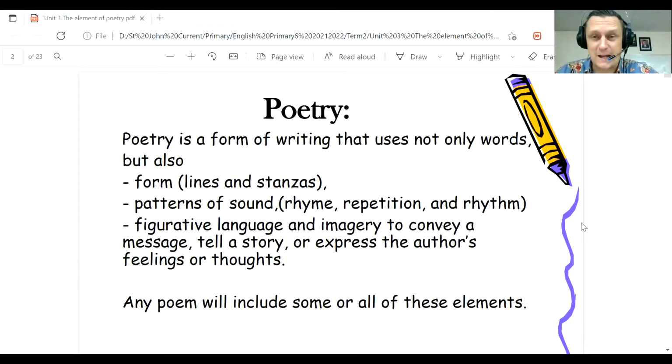Poetry is not the same as prose, which means fiction, written stories. In fact, poetry is often much shorter and it has a certain form. We call the sentence of a piece of poetry a line.